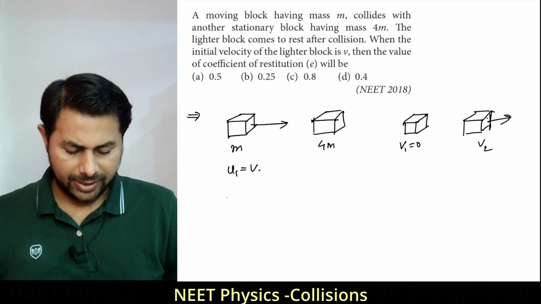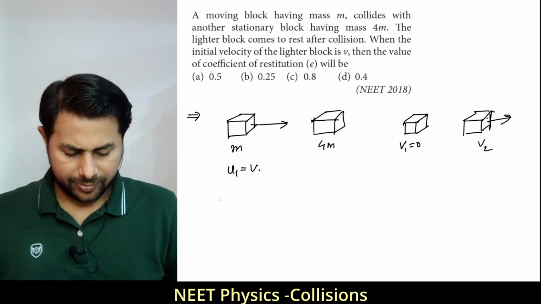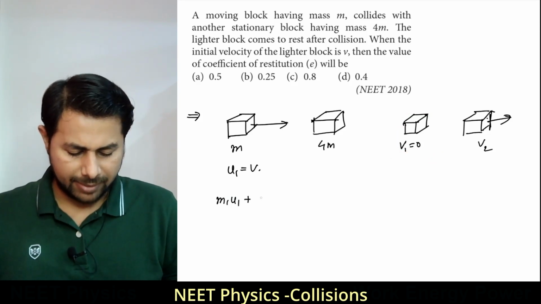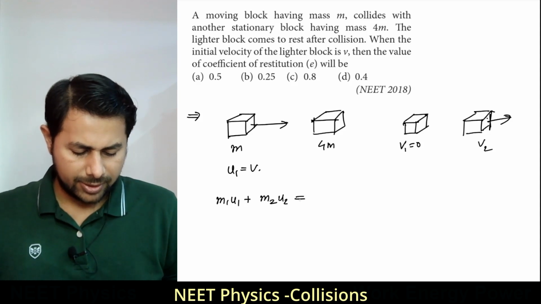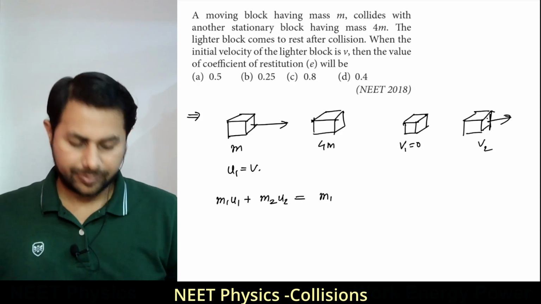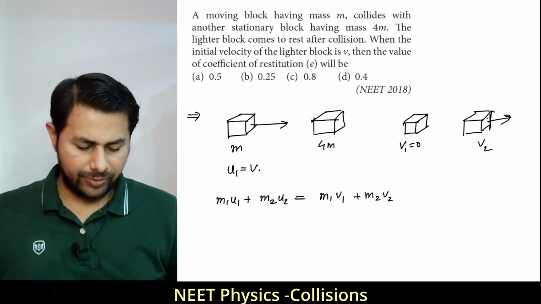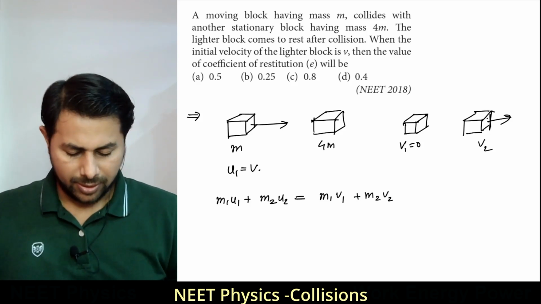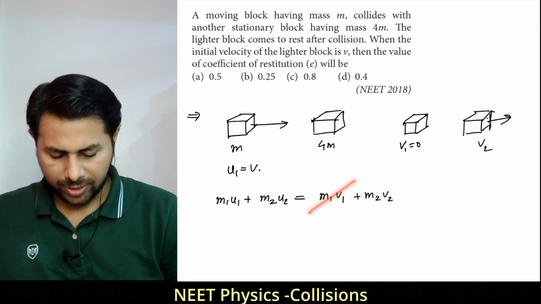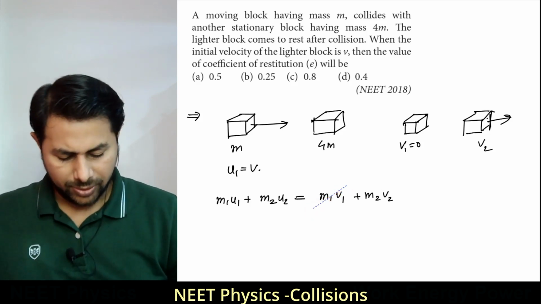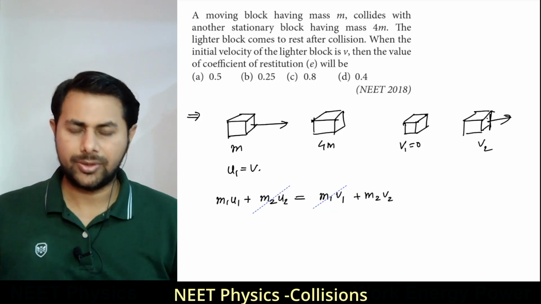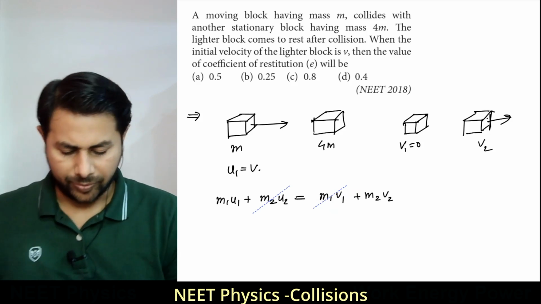So we can just say the total momentum before collision, m1 u1 plus m2 u2, is equal to m1 v1 plus m2 v2, and we just need to find v2. This term becomes 0 because v1 is 0, and this one is 0 because u2 is 0.